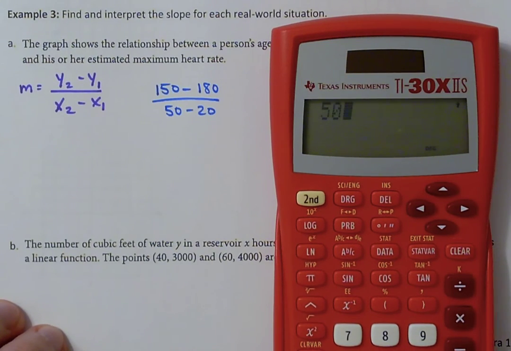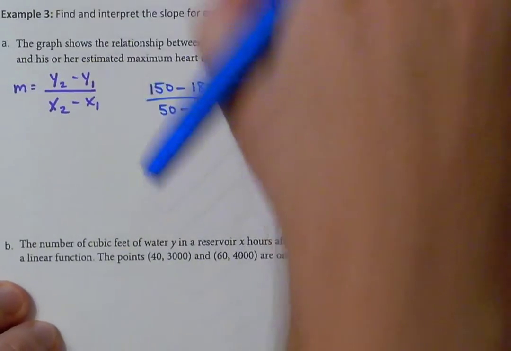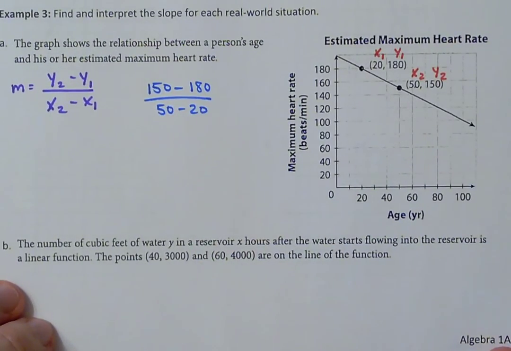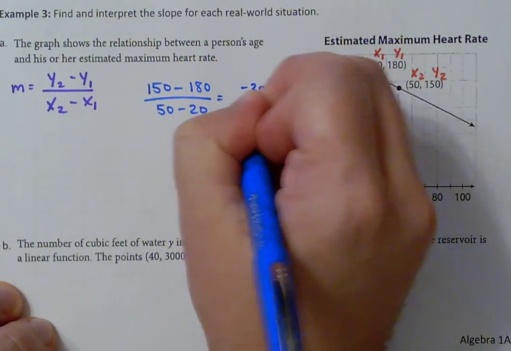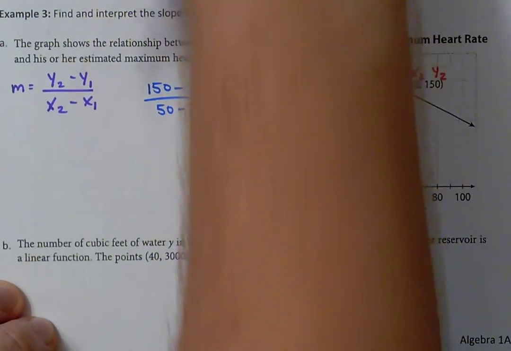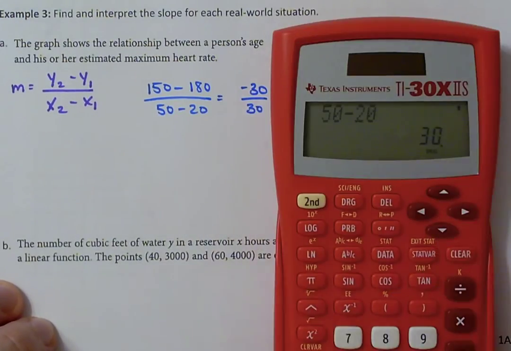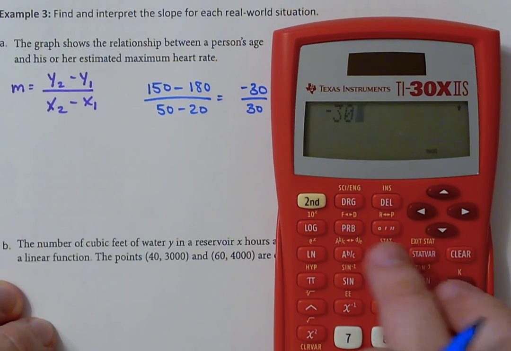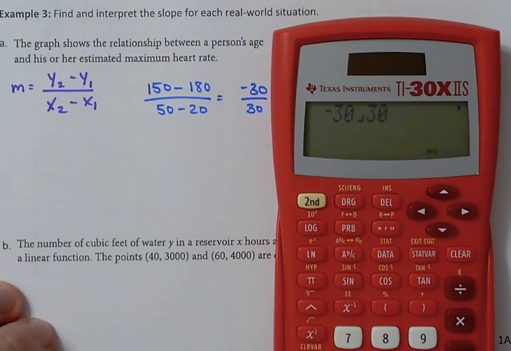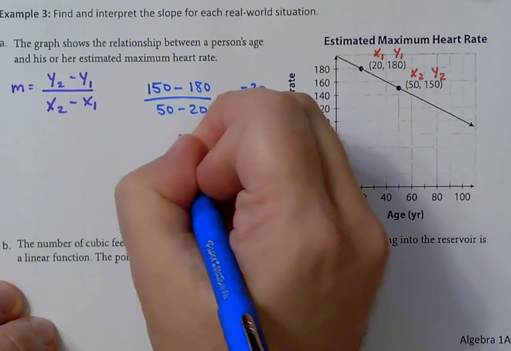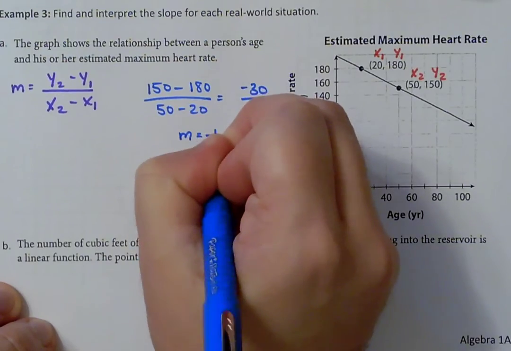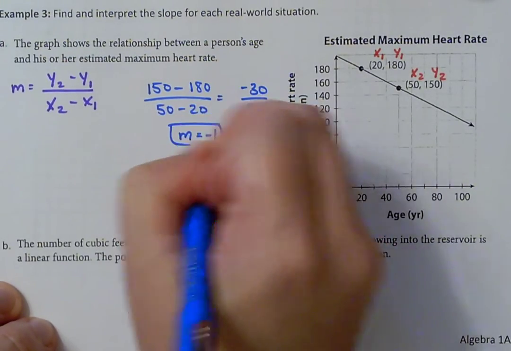And if I do 50 minus 20, I get 30. So I now have negative 30 over 30. And if I simplify this, I end up with negative 1. So my slope for this problem is negative 1.